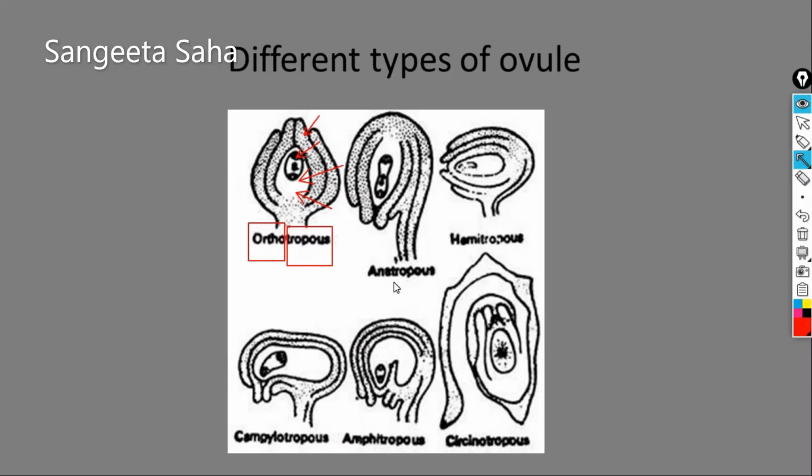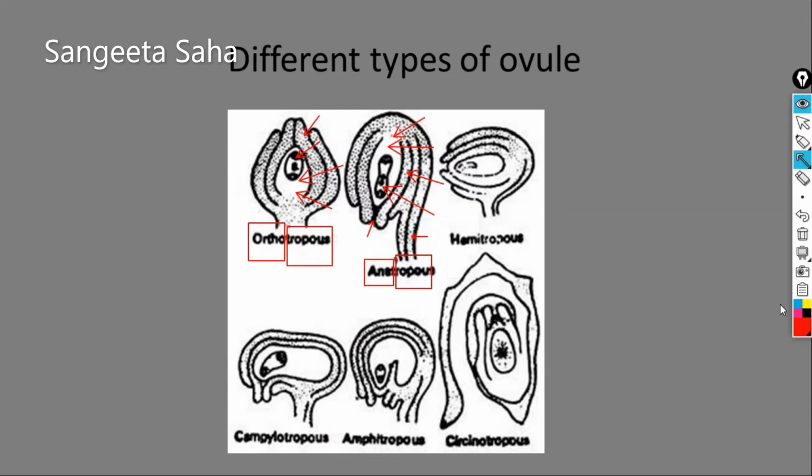Next type of ovule is the anatropous. Ana means backward and tropous means turned. Now if you see the structure, this one is the chalaza, this one is the nucellus, this is the embryo sac, these are the integuments, this is the micropyle, and this part is the funicle.